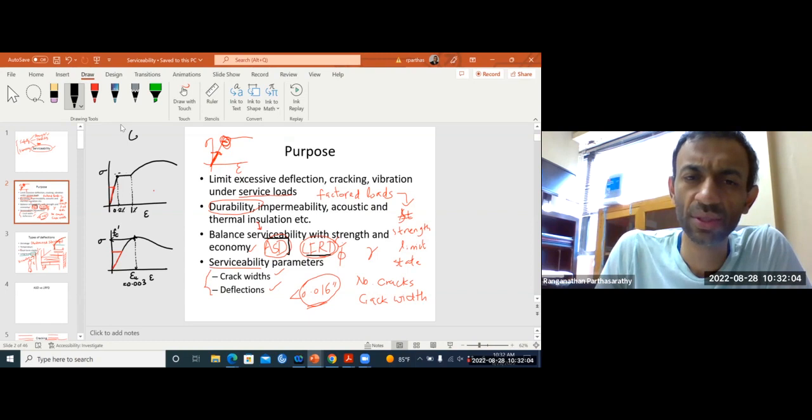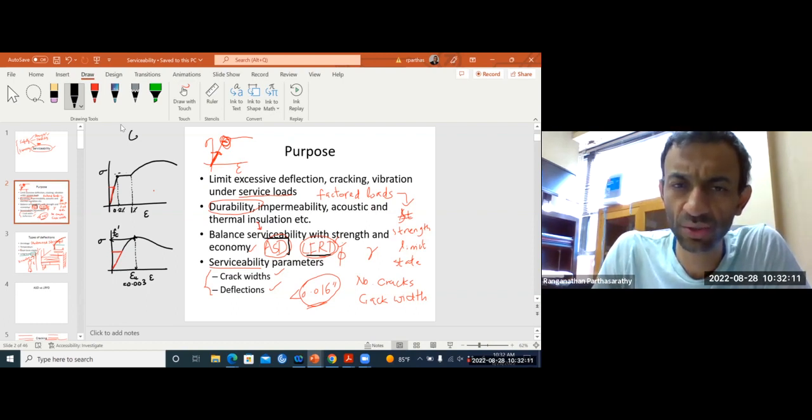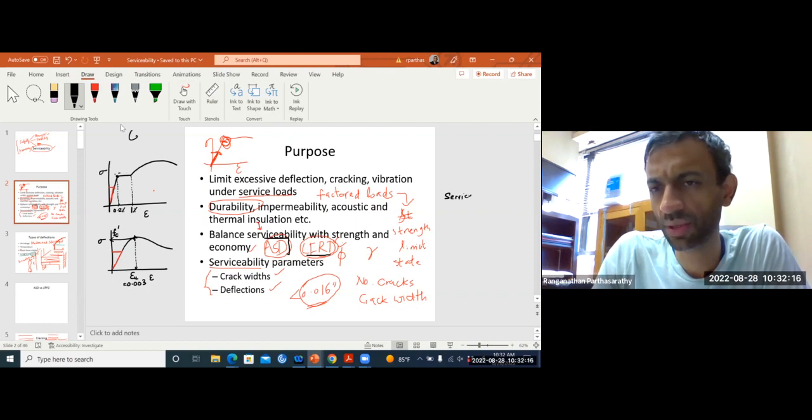Okay, so from a very basic viewpoint, there are two methods to ensure serviceability. One is you provide a minimum member thickness, or you explicitly calculate the deflections.